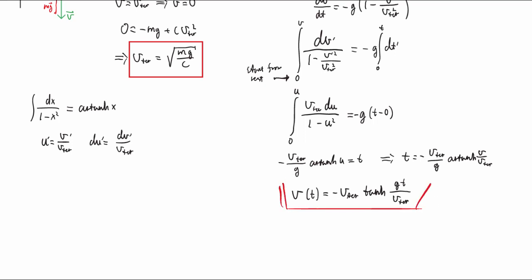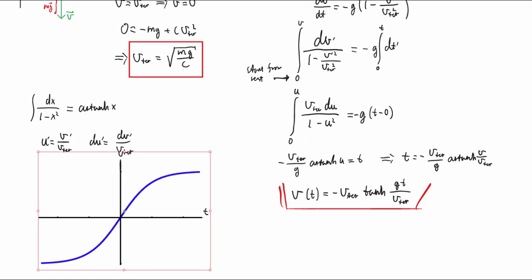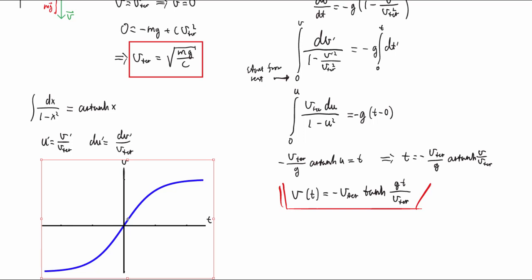And if we plot this function, it looks like this. This is a tanh function. You can ignore the negative part here, that's not important. But we will note that the function approaches asymptotically a value, because that's what a tanh function does, right?